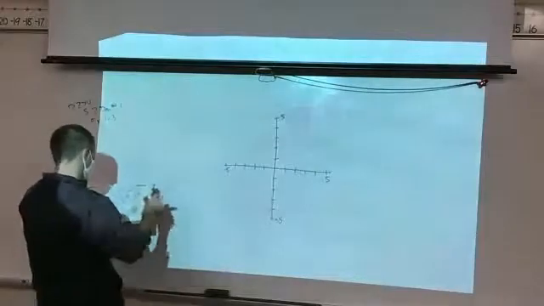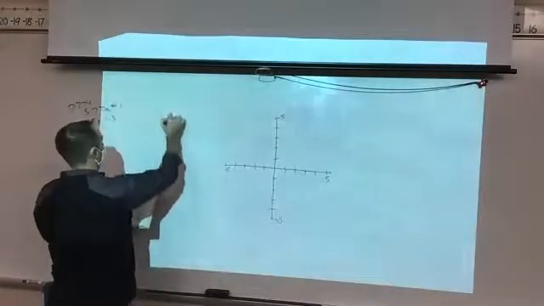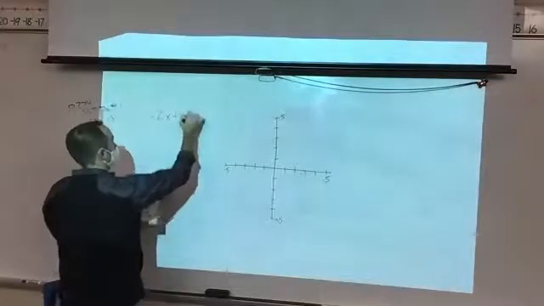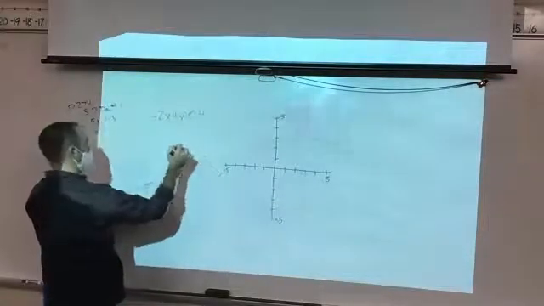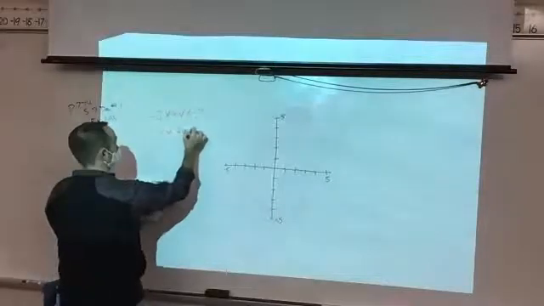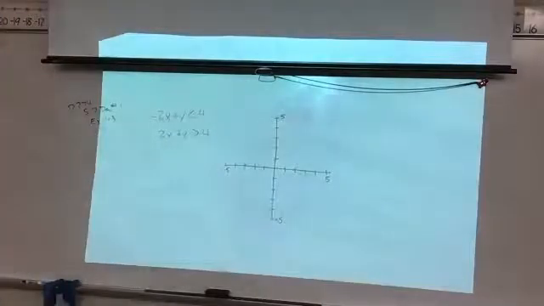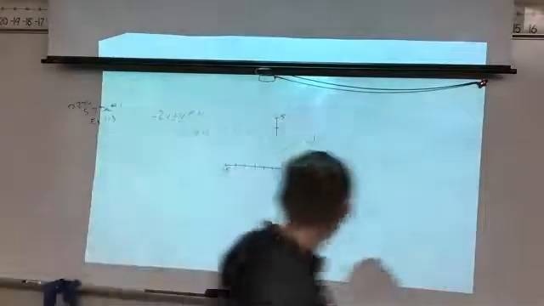Make you work a little bit. Make sure you put in y equals mx plus b first, right? Put in y equals mx plus b first, and then go ahead and graph both of these, please. Again, using different colors if you have.